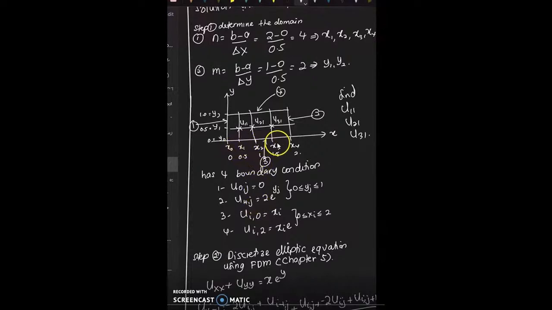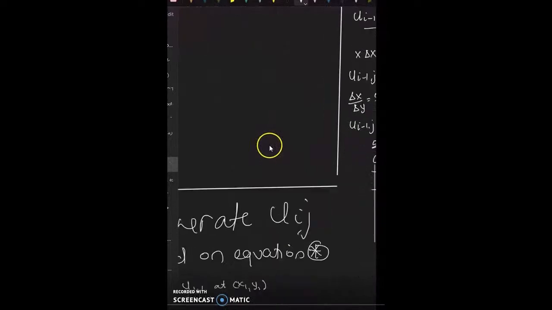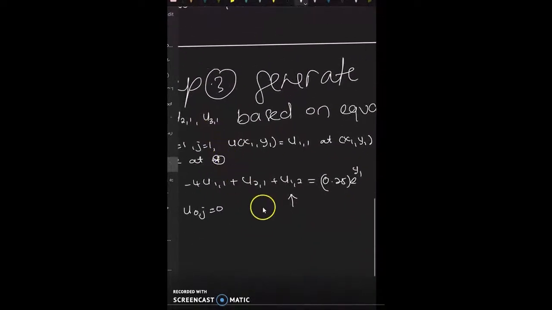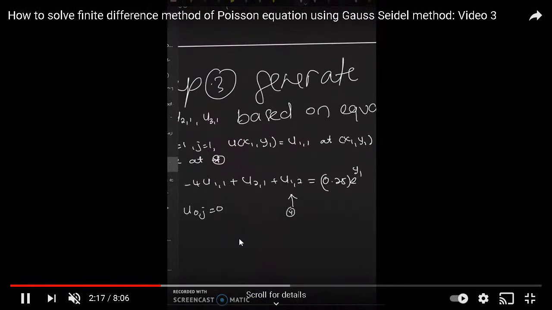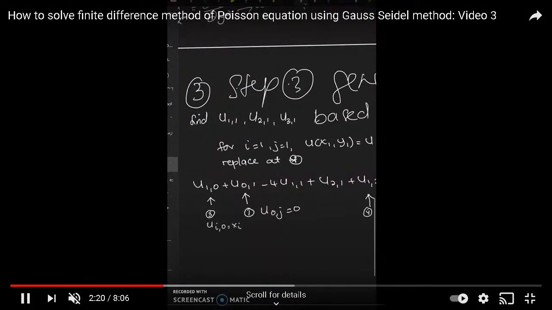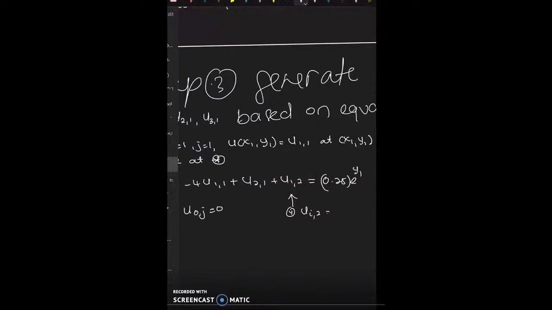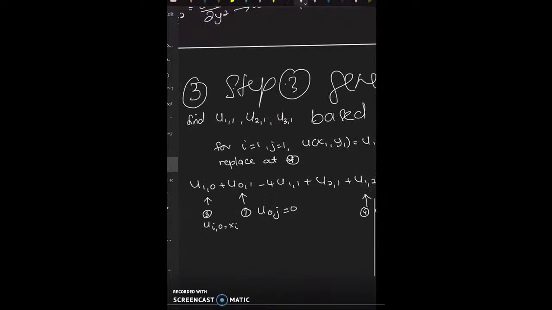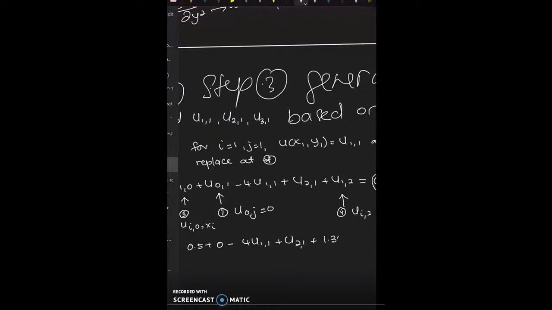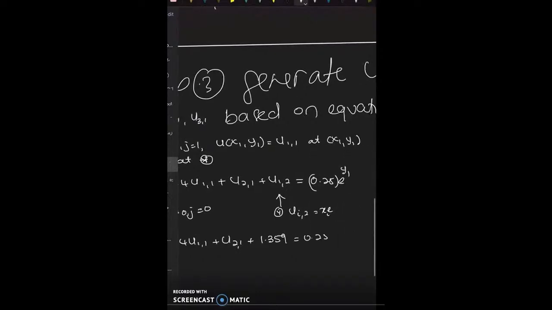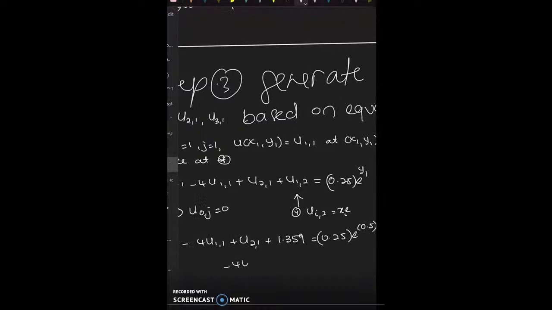Okay, when x equals 0.5 and j is equal to 1.0, you need to use u12 is equal to xi exponent. You need to press your calculator. So you can see here, u12 is 1.359. Xi exponent is 1.359. That is a boundary.